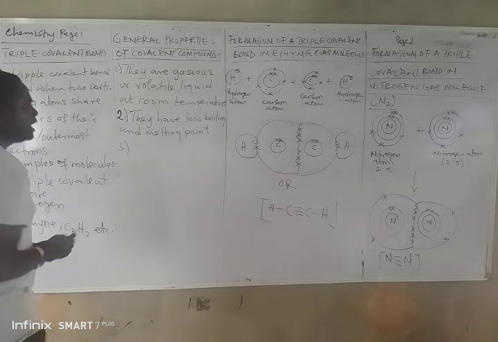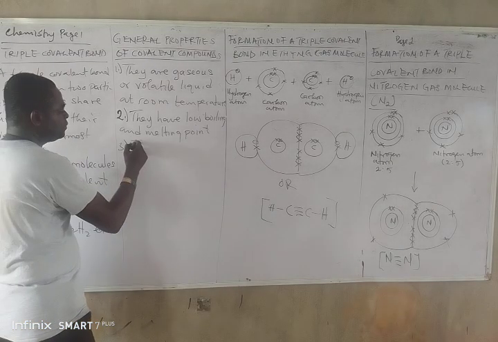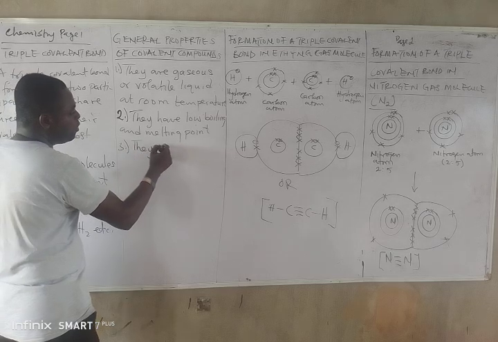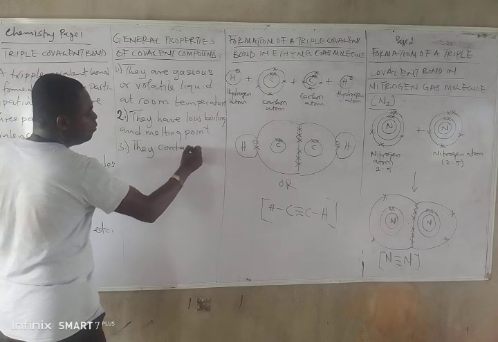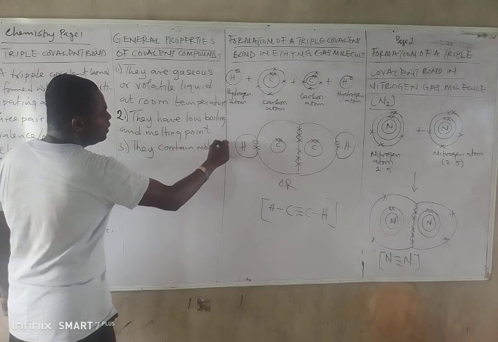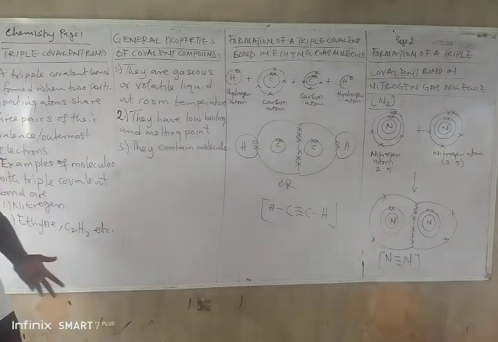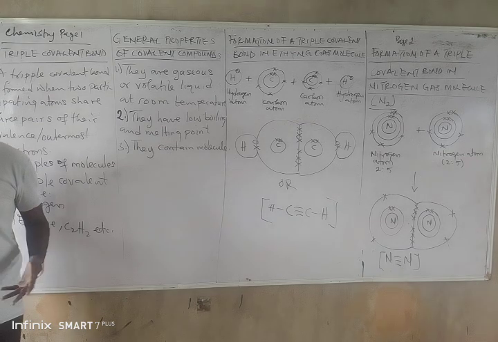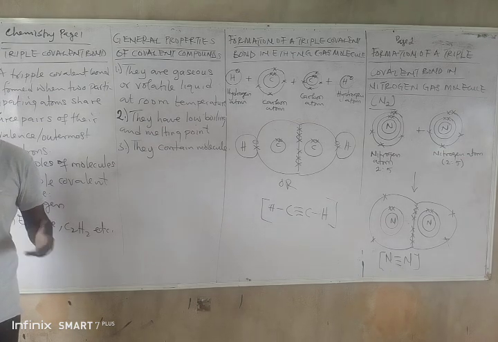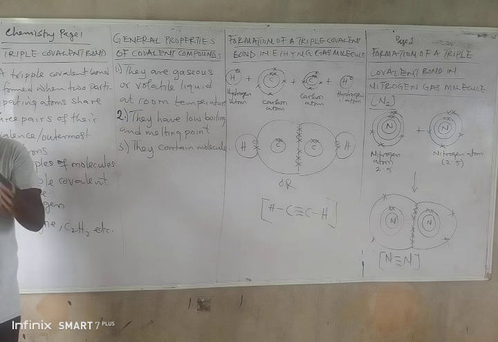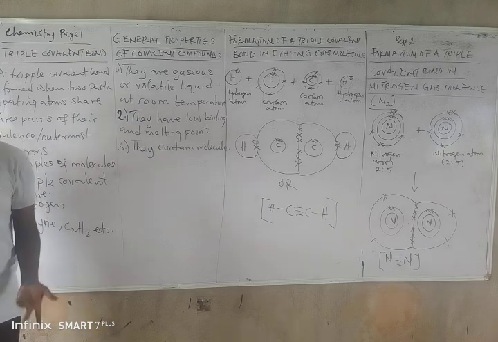Number 3, unlike electrovalent compounds, they contain molecules. Like we have a molecule of hydrogen. They contain molecules of elements. Like hydrogen, the 2 atoms of hydrogen, H2, are the same.